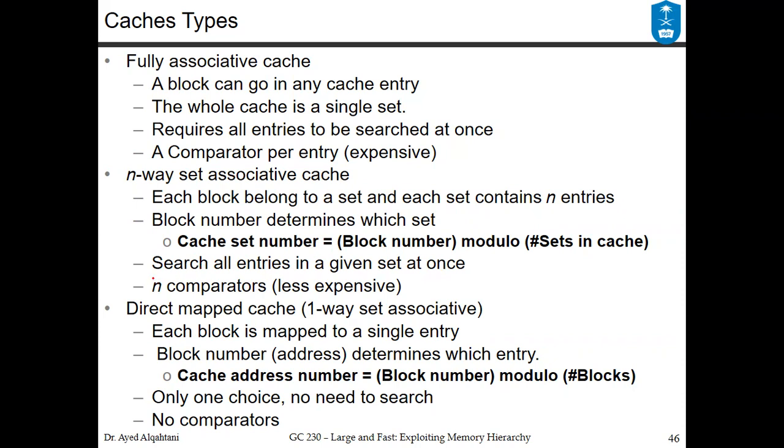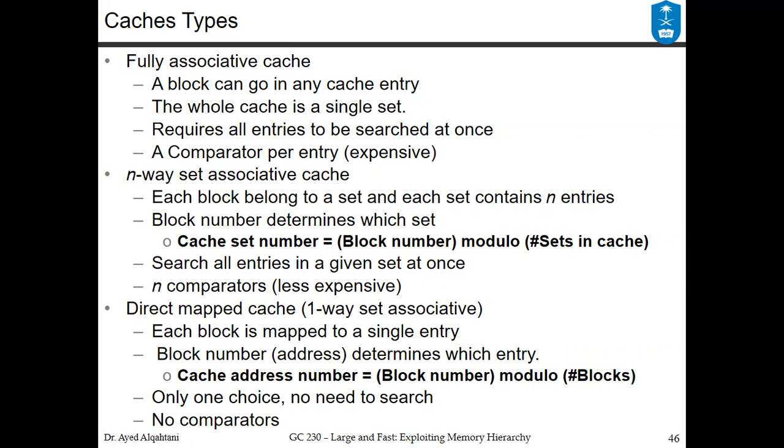And because of this, you need n comparators, which is less expensive than the fully associative cache. For the direct map cache, you actually have only one choice, and you don't need to search anything. You directly go to that choice by knowing its address using this formula. And because of this, you don't have to add any comparator.